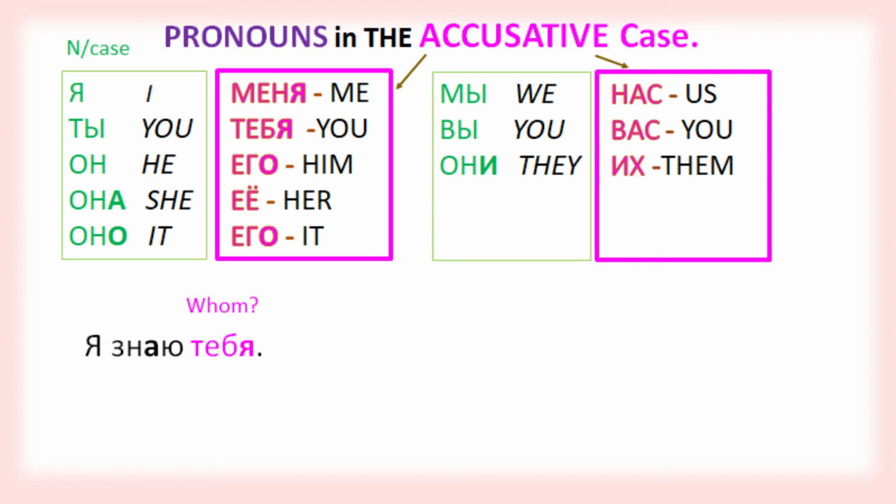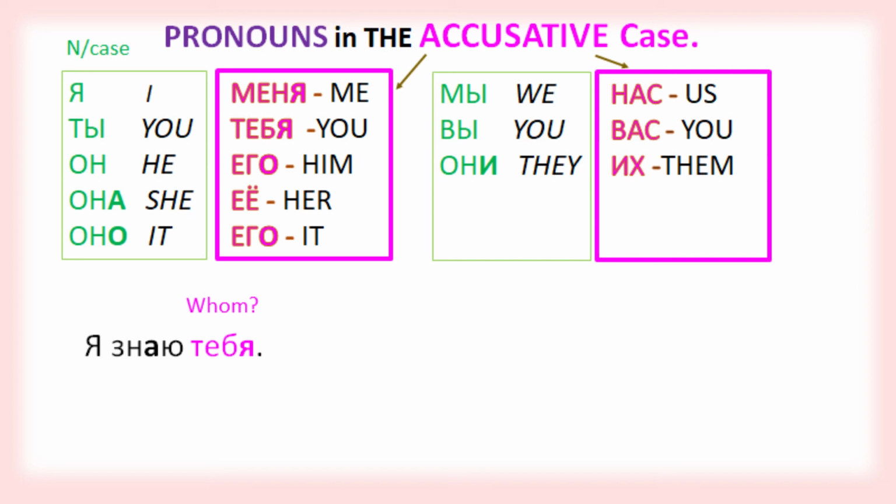Оно, it, его, it. Мы, we, нас, us. Вы, you, вас, you. Они, they, их, them.